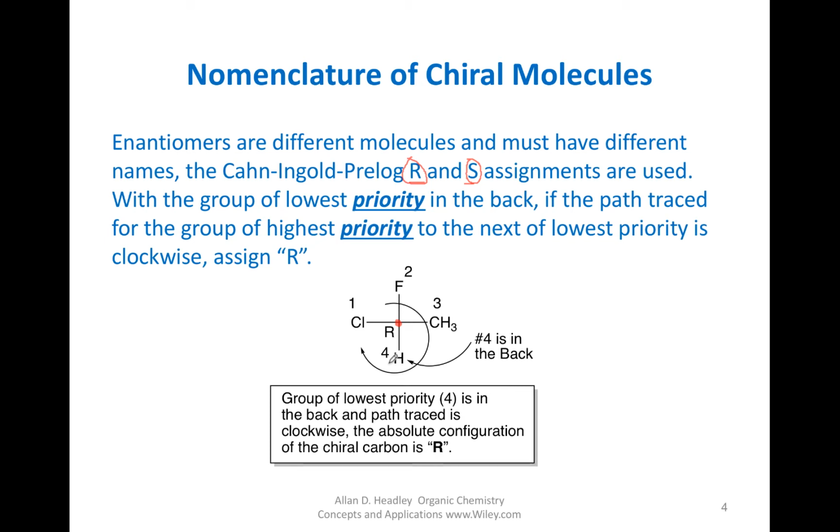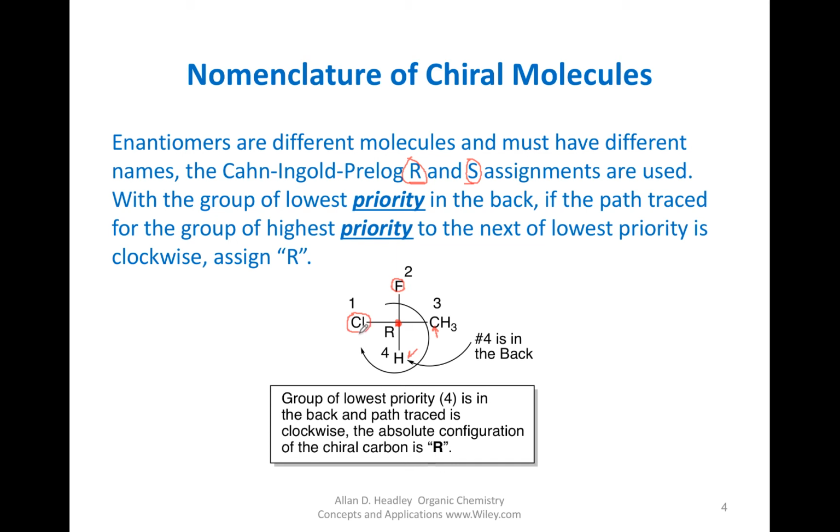So it's the same system that you used when you were assigning E and Z nomenclature for the alkenes. Same system, priorities based on atomic number. So you look at the carbon here and you look at the atom bonded to it. This is chlorine, this is fluorine, this is a carbon, and this is hydrogen.